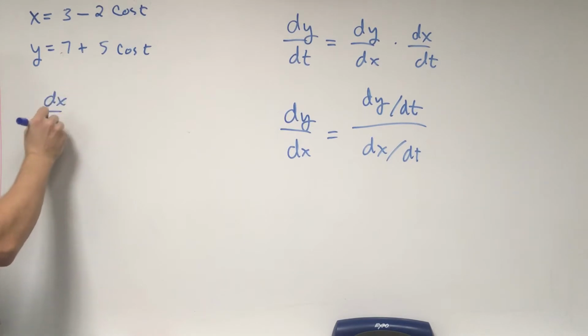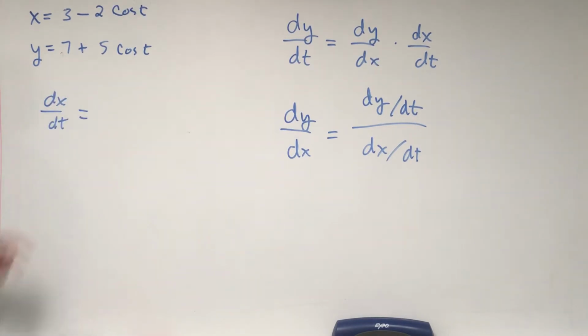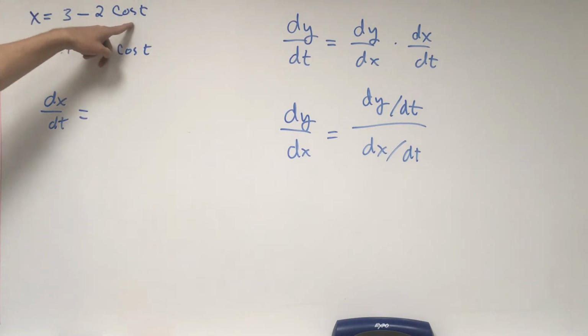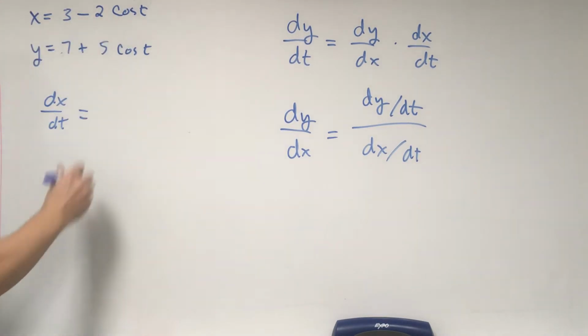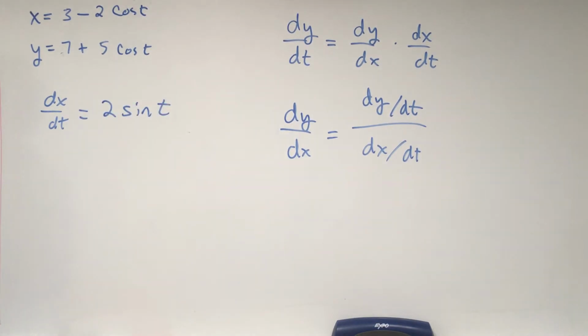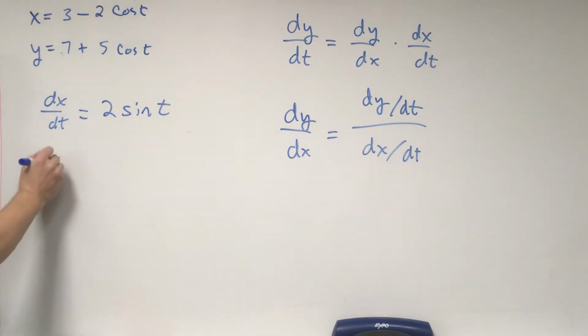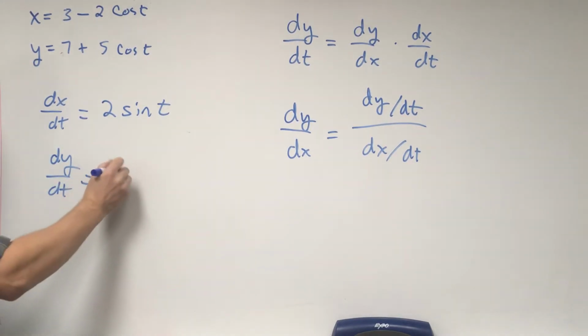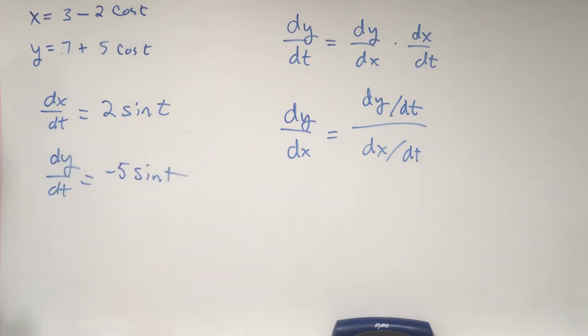So dx/dt: take the derivative of 3, that's 0, we have a -2, and then we have the derivative of cosine, which is negative sine. And so 2 sine t is our derivative. dy/dt, by the same token, is -5 sine t.